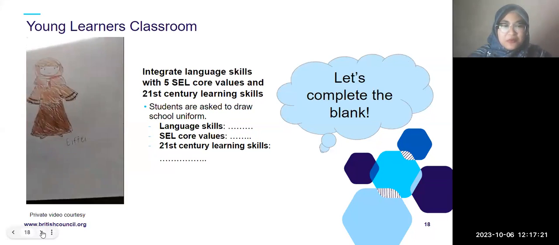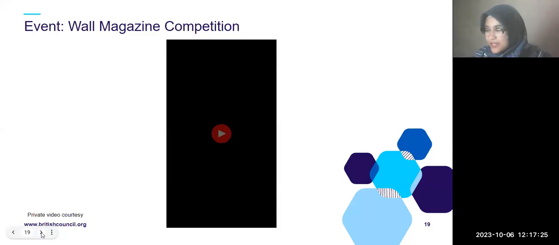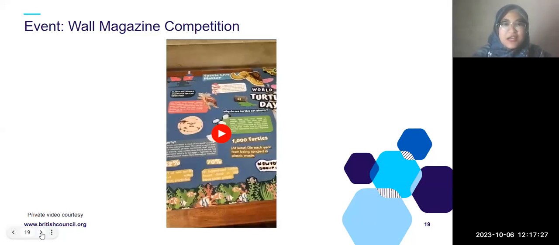And now I guess I just have 2 more slides because I'm running out of time. I believe this one is the other one, where someone says about drama skits or something. We're going to have a wall magazine competition. They have to discuss in a group for, I believe, 4 meetings.